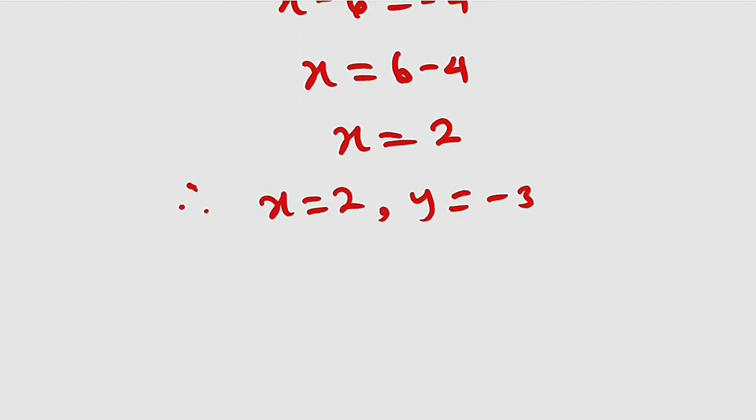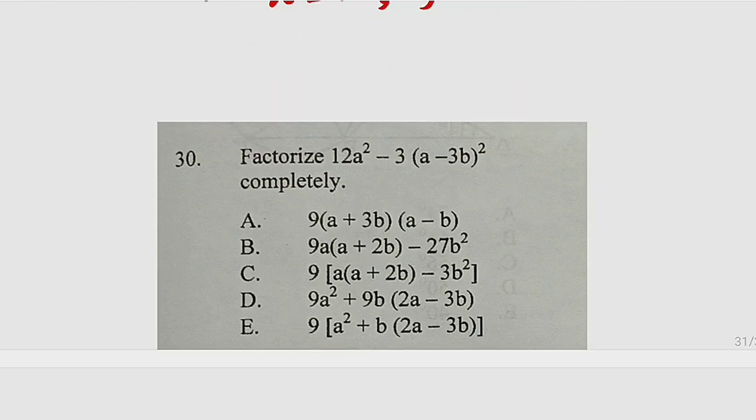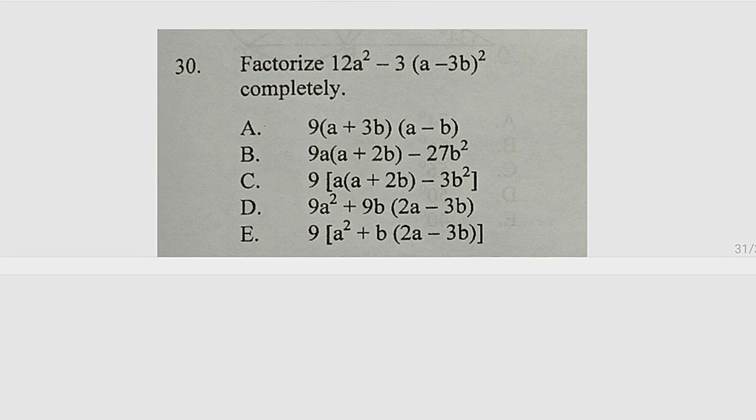Now let us move on to question number 30. We are asked to factorize completely 12a squared minus 3 times (a minus 3b) all squared. So I would like to expand this one first.